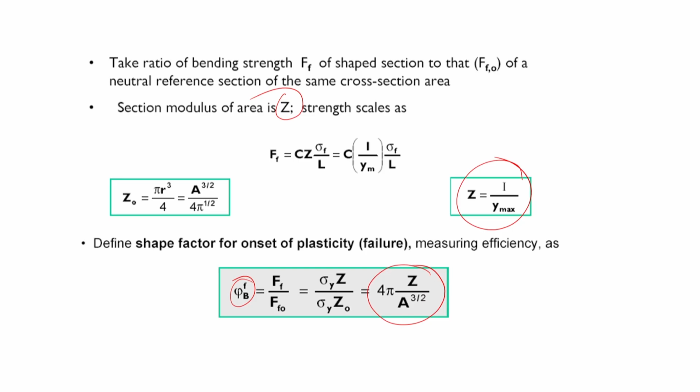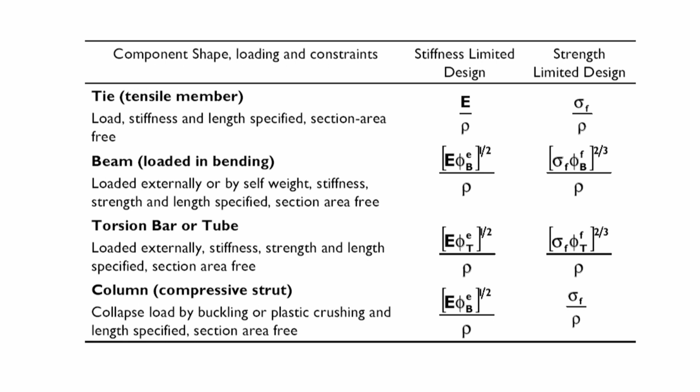So, like we get two shape factors corresponding to the bending and torsion, similarly corresponding to the strength we get again two shape factors, one corresponding to the failure in bending, another corresponding to the failure in torsion. For tensile load, you do not need it.